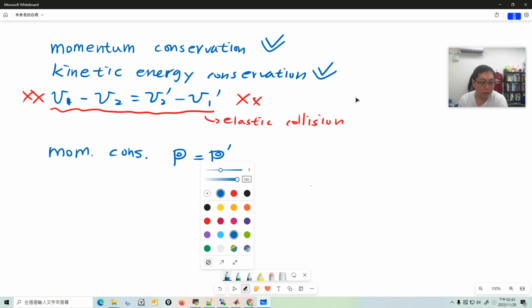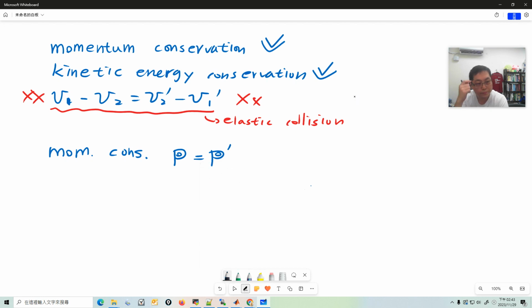Initially, one car is moving with velocity v and the other car is at rest. Let's assume the mass of each car is m. The other identical car has the same mass m, but is initially at rest.